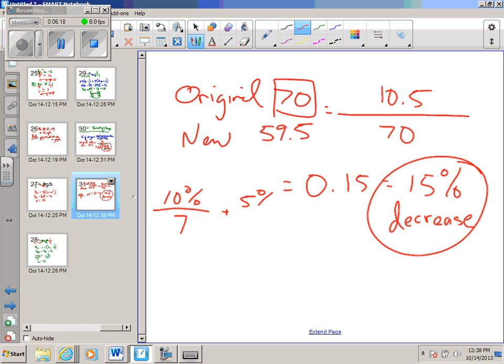If I go half for 5%, what's half of 7? 3.5. 7 plus 3.5, 10.5. Right? So it should make some kind of sense for us.